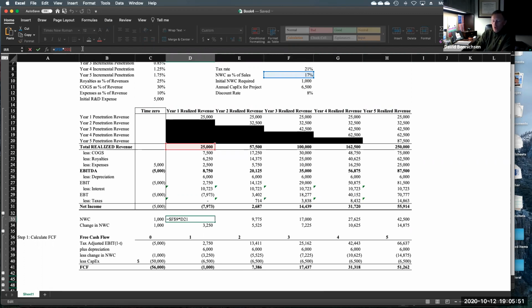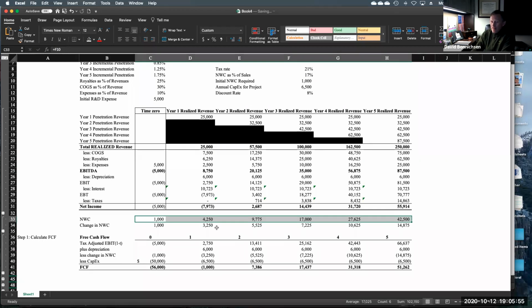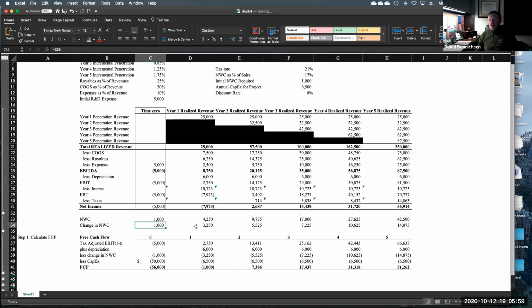So those are our raw net working capital numbers for each year. And then we have to calculate the change. Clearly the change at time 0 was 1,000, because we hadn't done anything prior to that. So the change is 1,000 more than what we had at time -1.